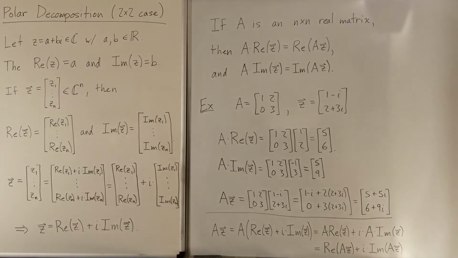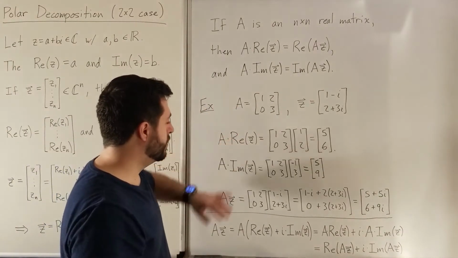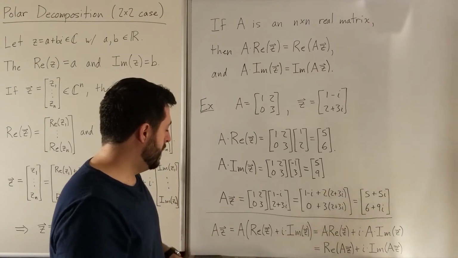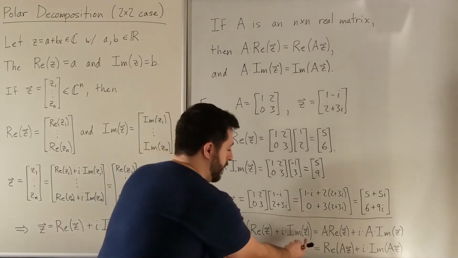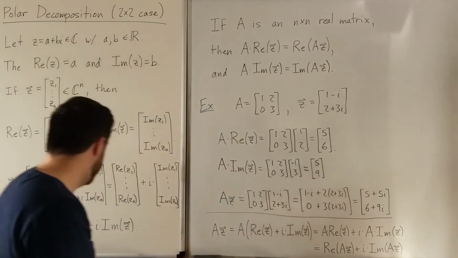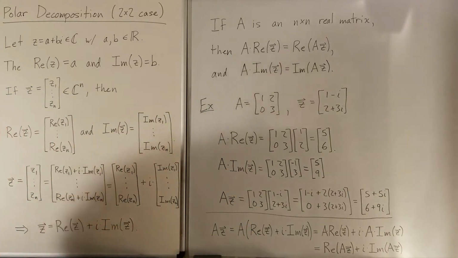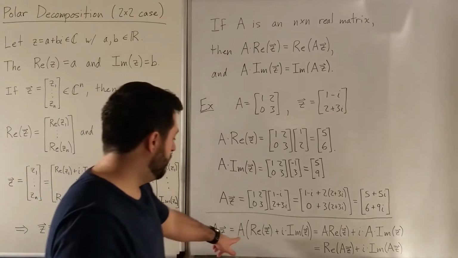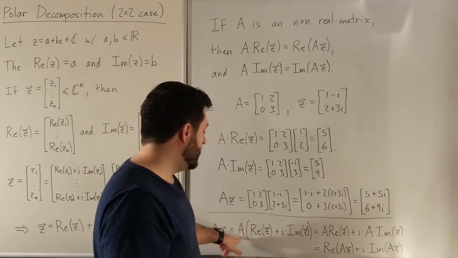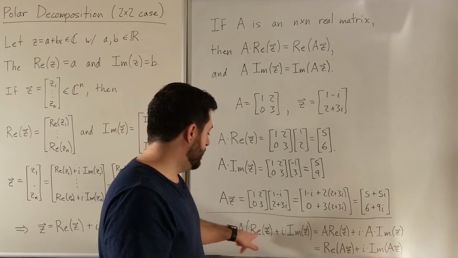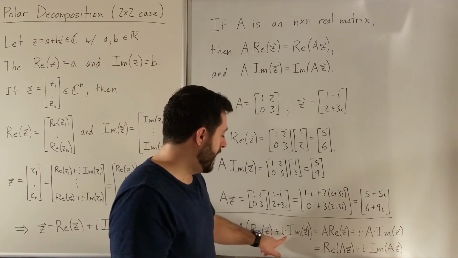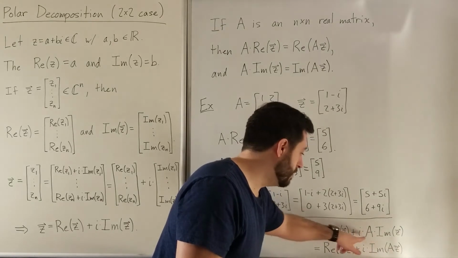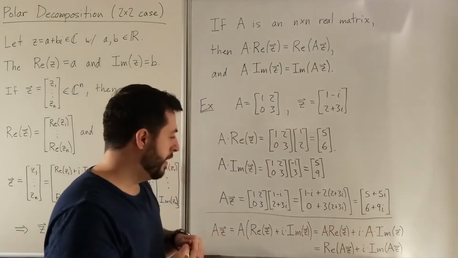So one way to think about why this should be true in general is to just look at this: A times z is A times this representation of z that comes from over here. z is always equal to the real part of z plus i times the imaginary part of z. And if we do this multiplication, A is linear, so A should distribute into this part and this part individually, and all of the algebra works out that i and A should commute, so the i can be pulled out here.